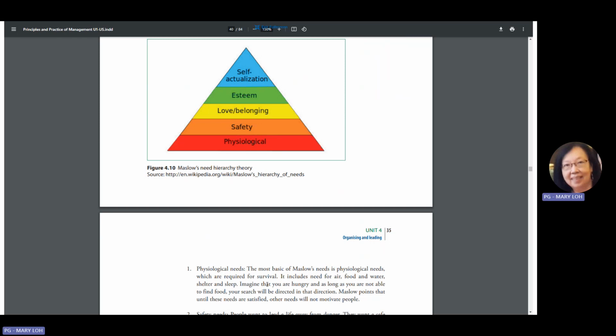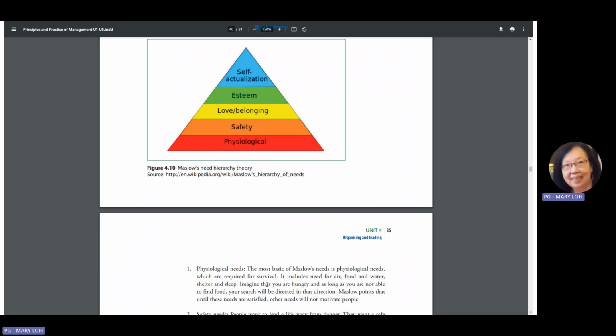So as a manager, you are not HR, but you need to work with HR and be aware of the market rate for production operators, for technicians, for supervisors, and ensure that they are paid a fair salary to enable them to cover all their physiological needs.